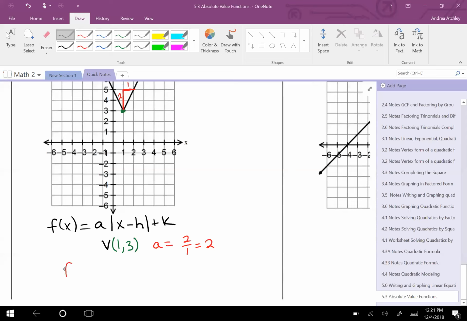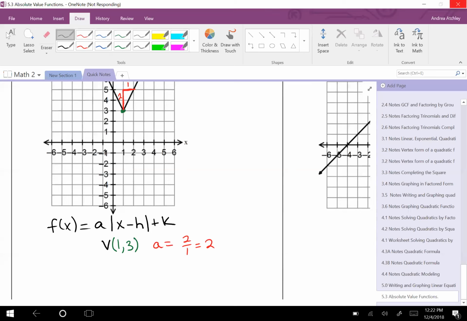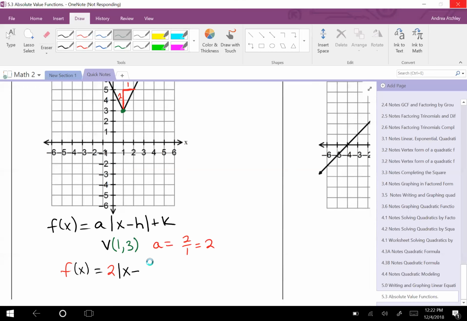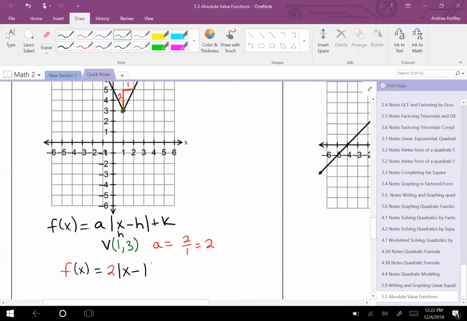So you have f of x equaling 2 times the absolute value of x minus. Okay, remember this is your h value. And then plus the k value, which is 3. And that's my equation.